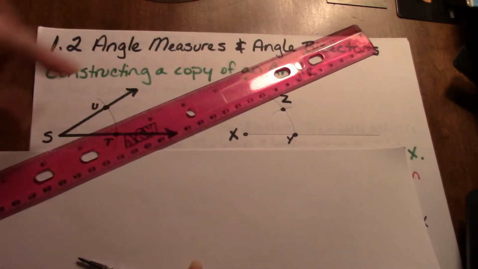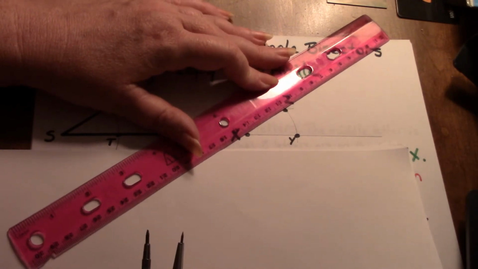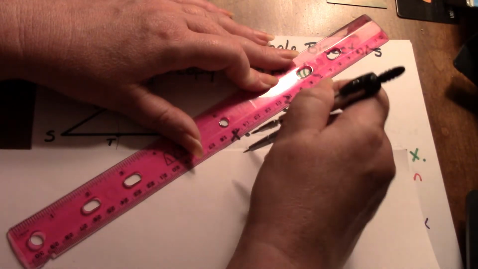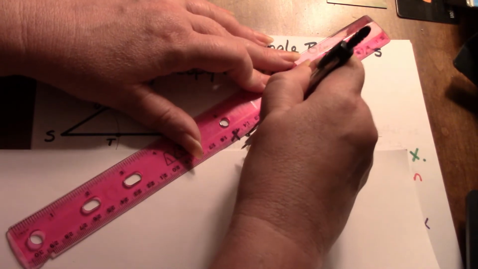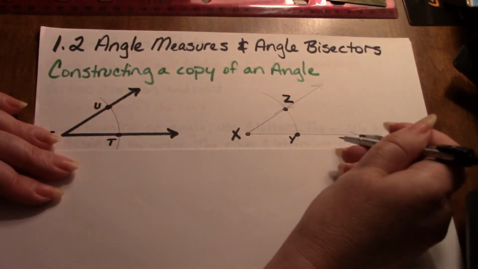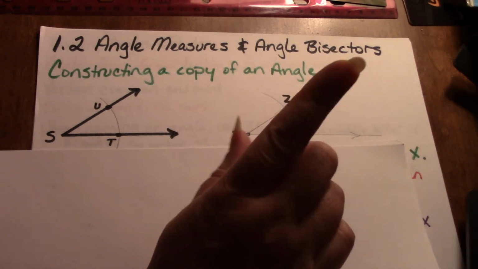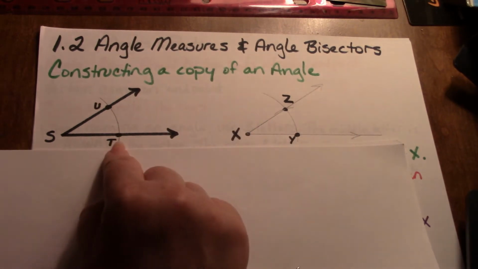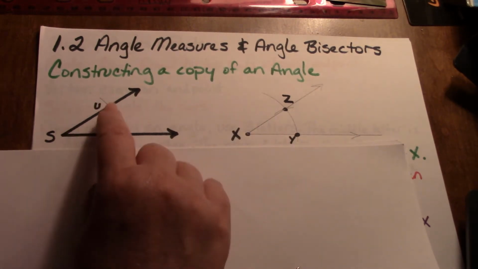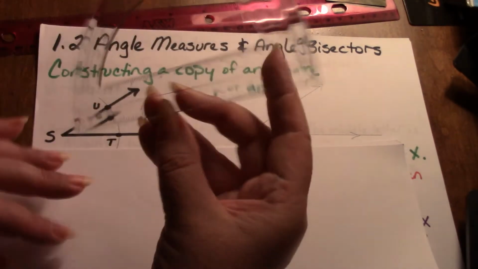So now if I take my straight edge and I connect point X to point Z in a ray, then angle YXZ is exactly the same size as angle TSU.